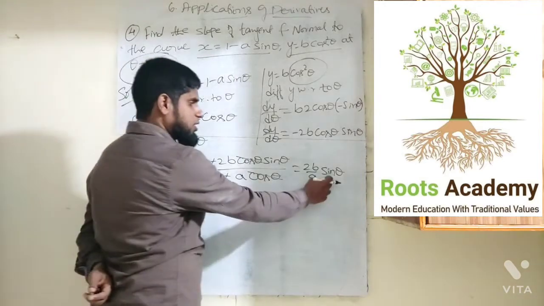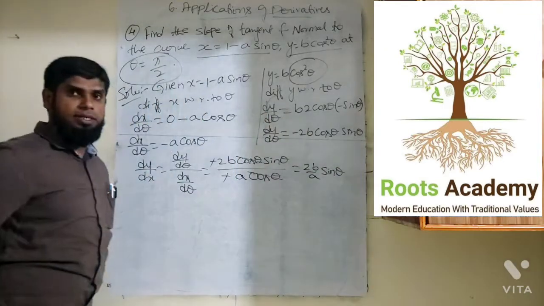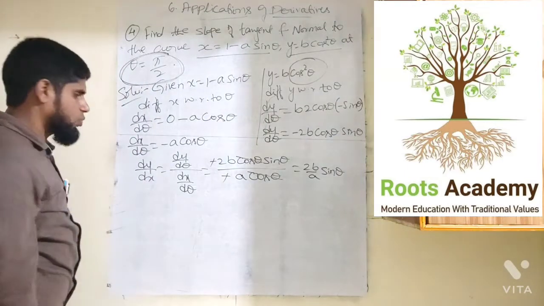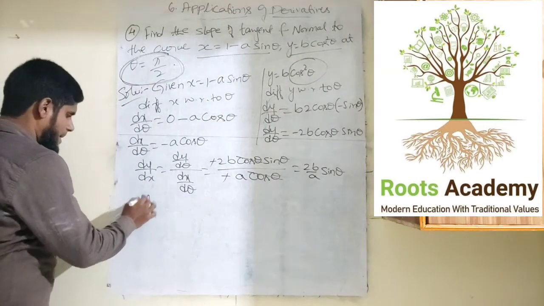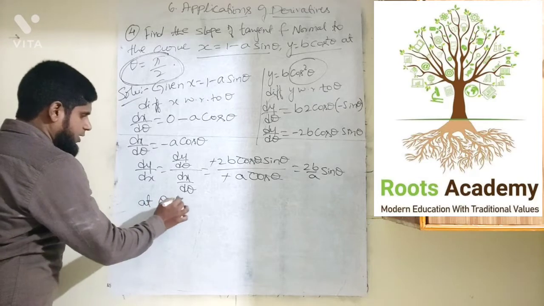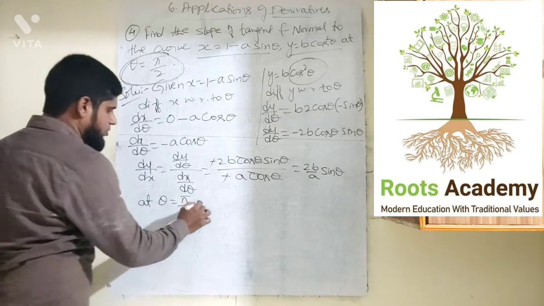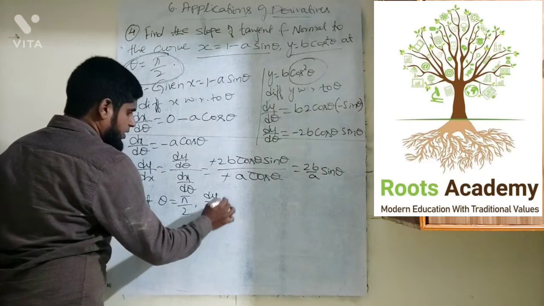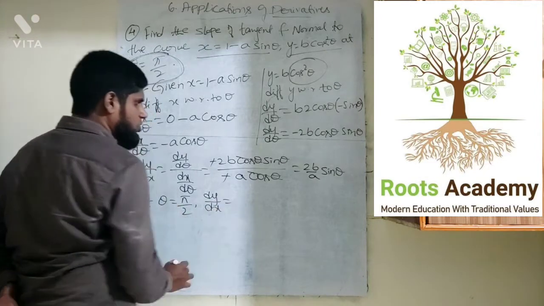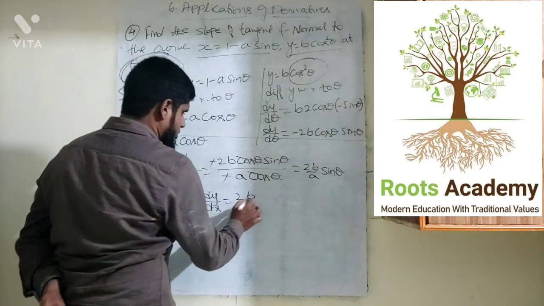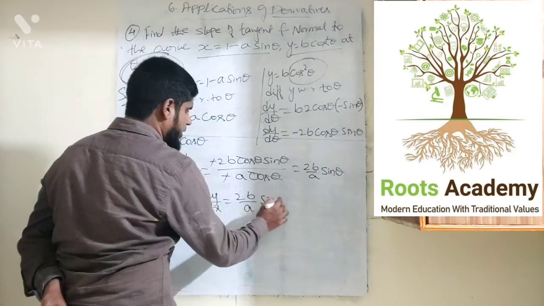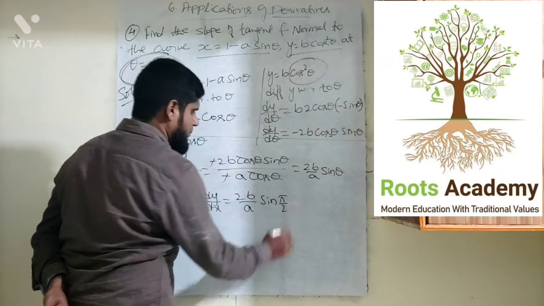This dy by dx we should find at theta is equals to pi by 2. At theta is equals to pi by 2, dy by dx is equals to 2b by a sin pi by 2.